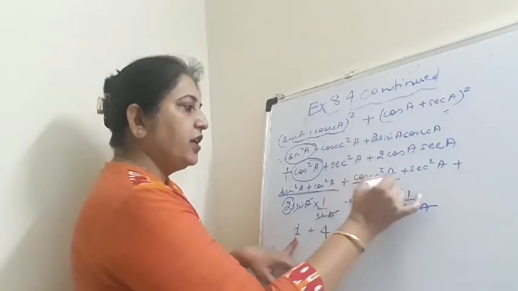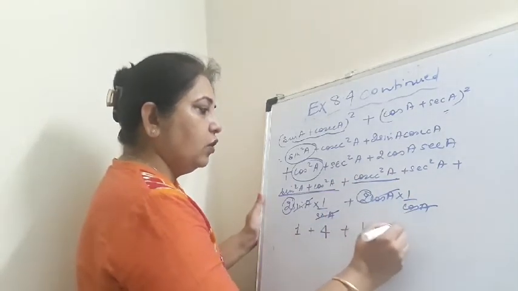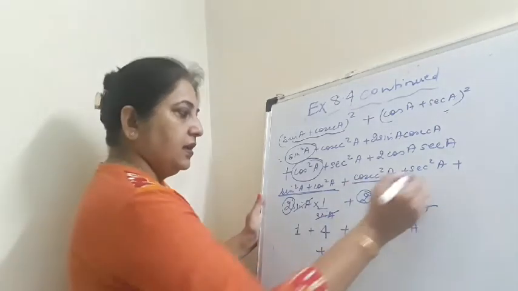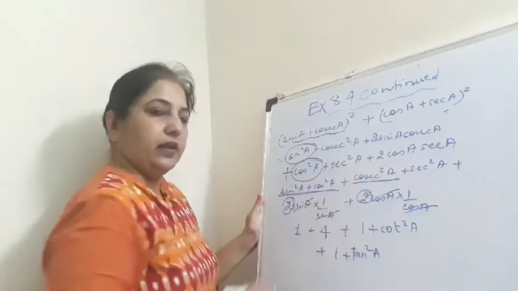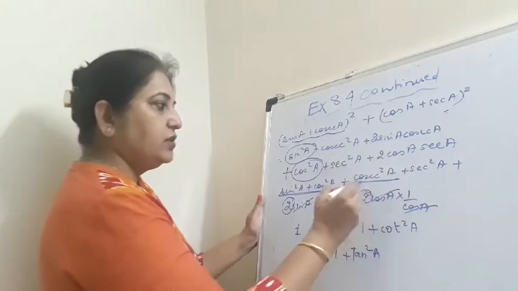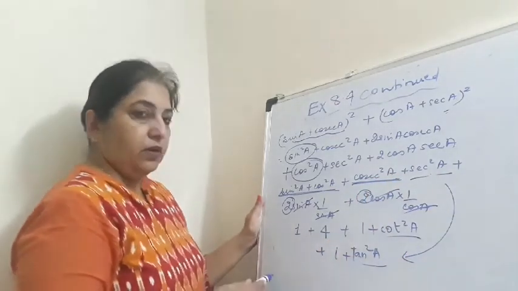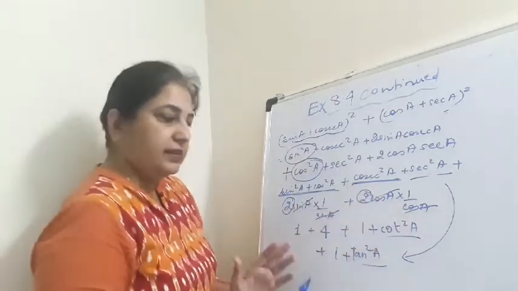Plus, now let us change cosec square A. You know that 1 plus cot square A is equal to cosec square A, and 1 plus tan square A is equal to sec square A. So what I have done, I have changed cosec square and sec square in terms of cot square and tan square, because as I told you, you have to look at your question and analyze what you want on the right side.